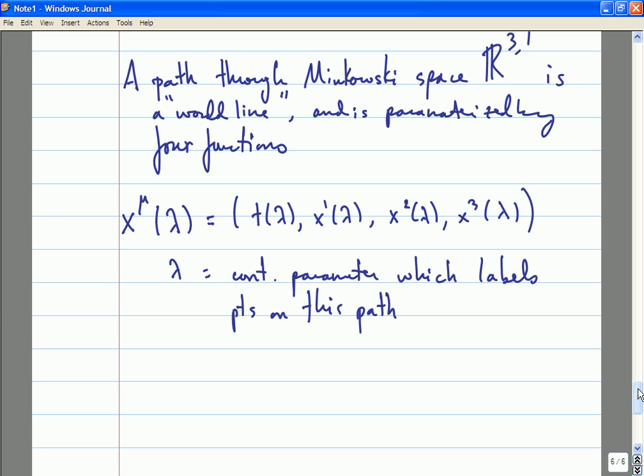So if I wanted to be terribly precise, I would say it's a parameter which smoothly labels points on this path, in the sense that the various quantities t of lambda, x1 of lambda, and so forth, can be differentiated an arbitrary number of times with respect to lambda. But of course, we're physicists, and so that doesn't particularly matter to us.